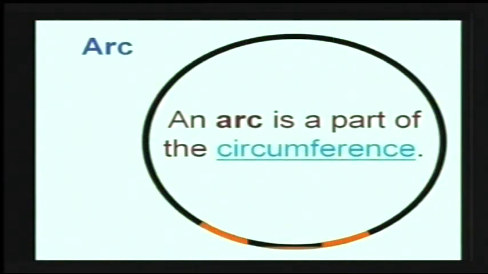Next, the arc of the circle. An arc is a part of the circumference. Can you see that red color? That red color shows us the part of the circle which is known as the arc.